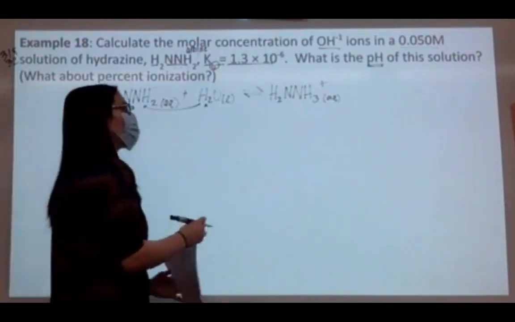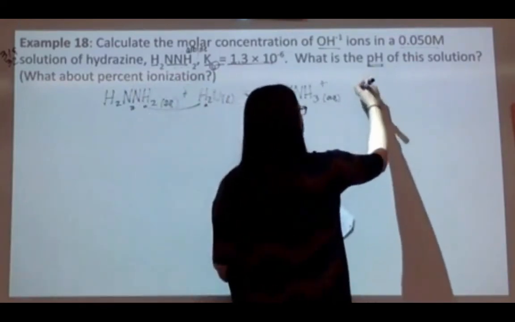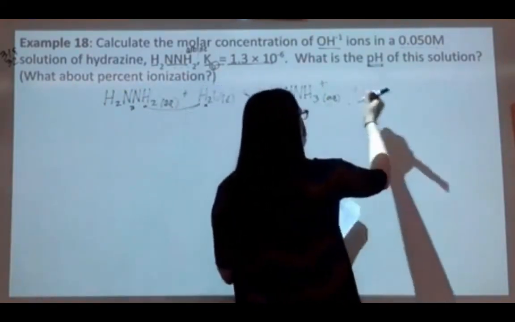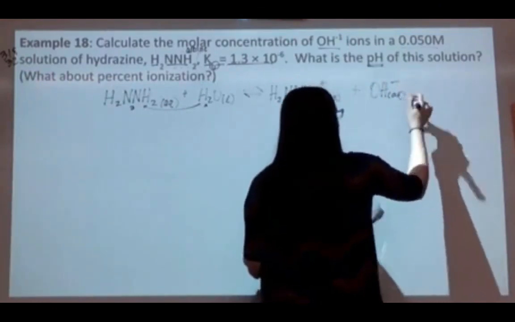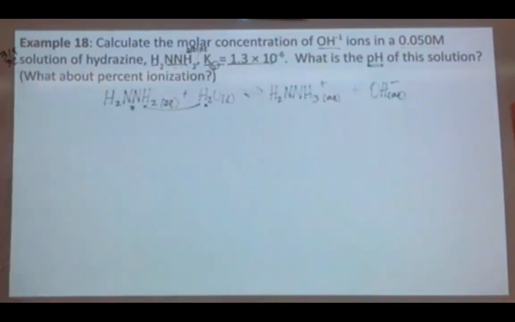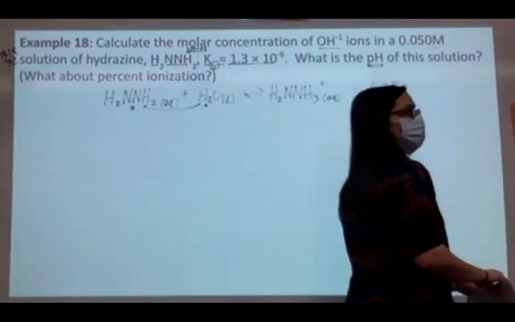The positive charge is located where there's 3 H's, so that's why we write it like we do for bases. And then once water loses the proton, it becomes OH minus. So notice why hydrazine is a weak base: because when it's with water, it produces OH minus in solution.